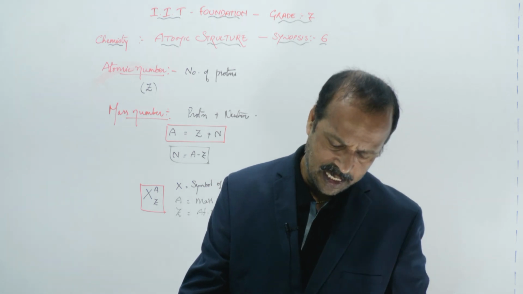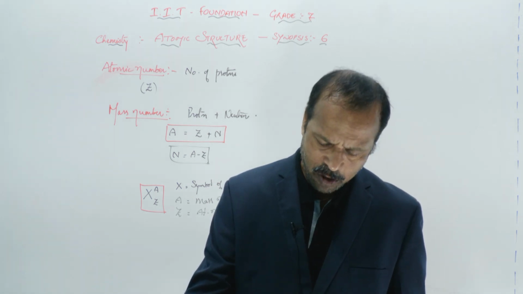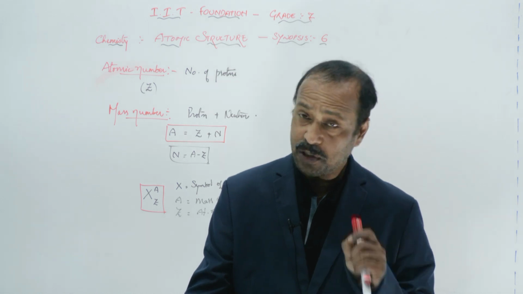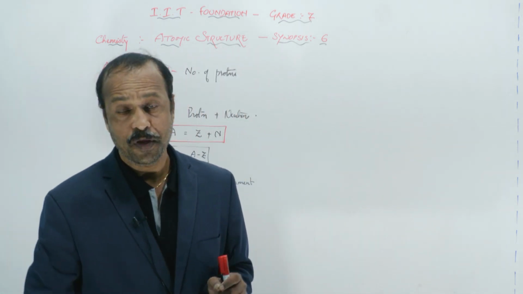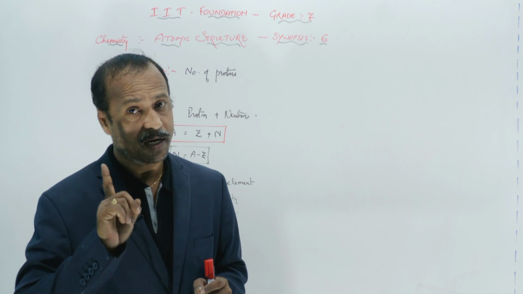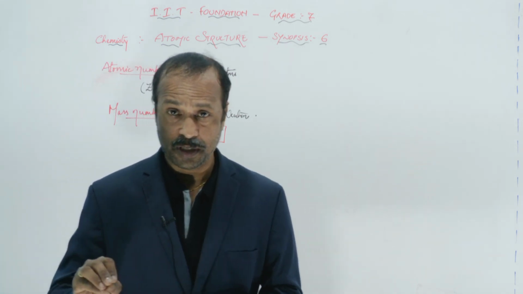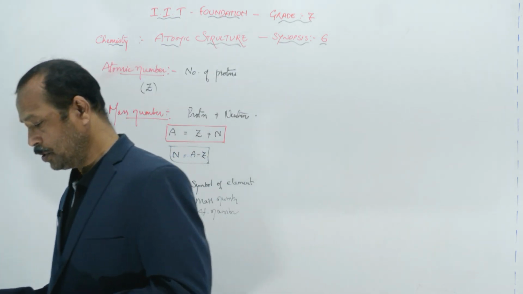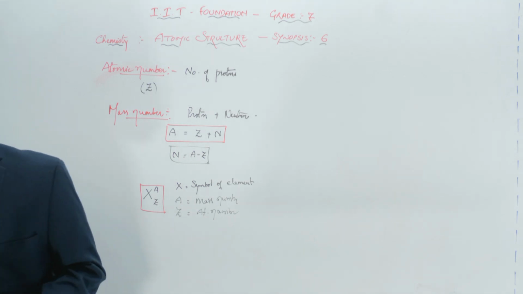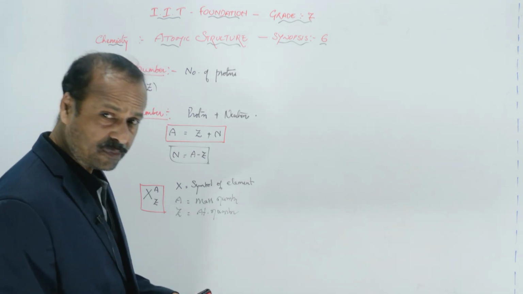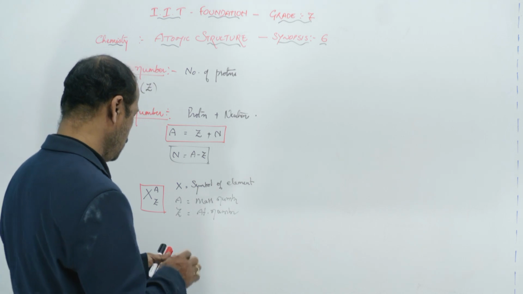If you see the first element, there is the symbol, atomic number and mass number. By using the atomic number and mass number, you can write how many protons, electrons and neutrons are there. Now, I'll explain how to write the electrons, protons and neutrons.